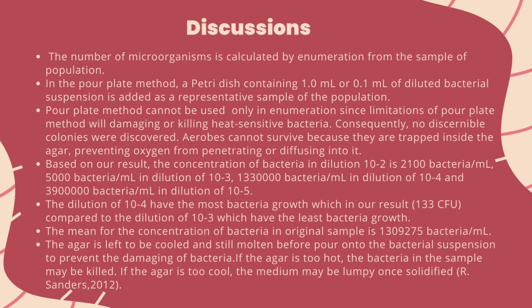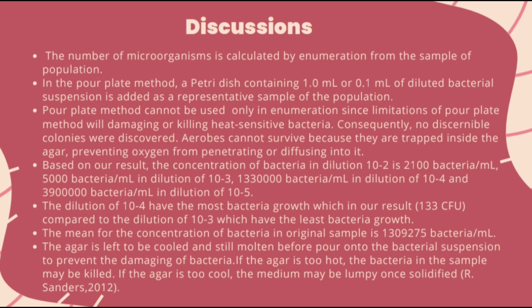The discussion of this experiment is that the number of microorganisms is calculated by enumeration from a sample of the population. In the pour plate method, a petri dish containing 1 ml or 0.1 ml of diluted bacterial suspension is added as a representative sample of the population.